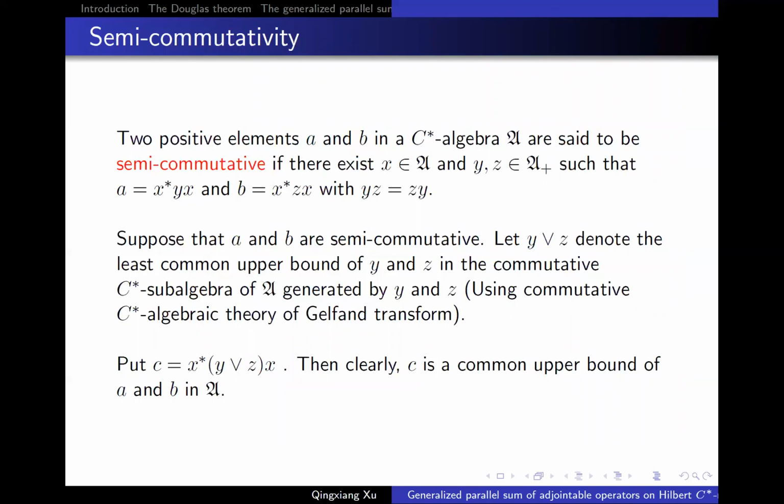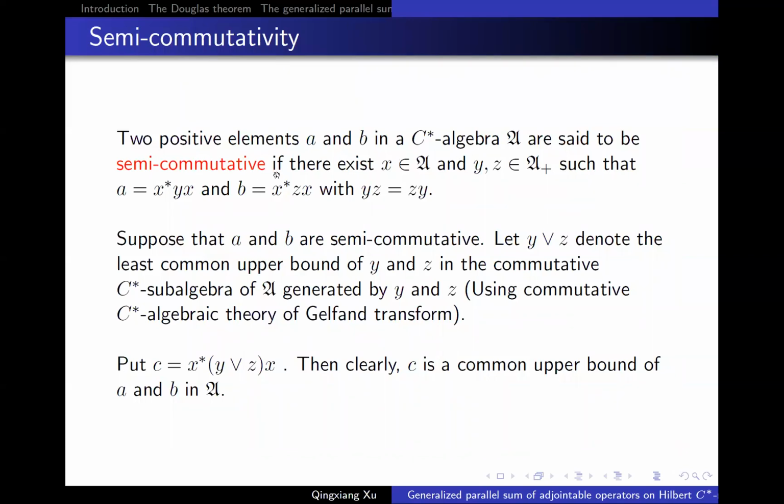Now let's move on. I want to say a little bit about two lines. The first line is how to construct a common bound of two positive elements. Here is the main idea. We call A and B semi-commutative: suppose A and B are two elements of a C star algebra.